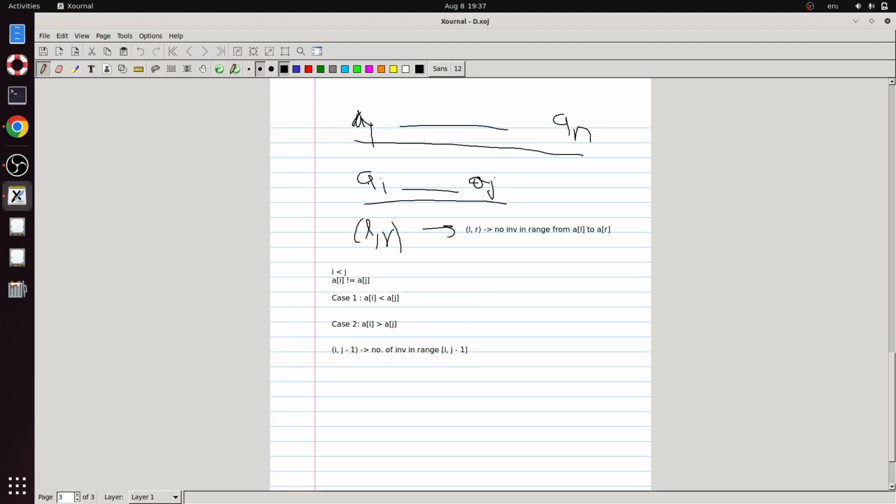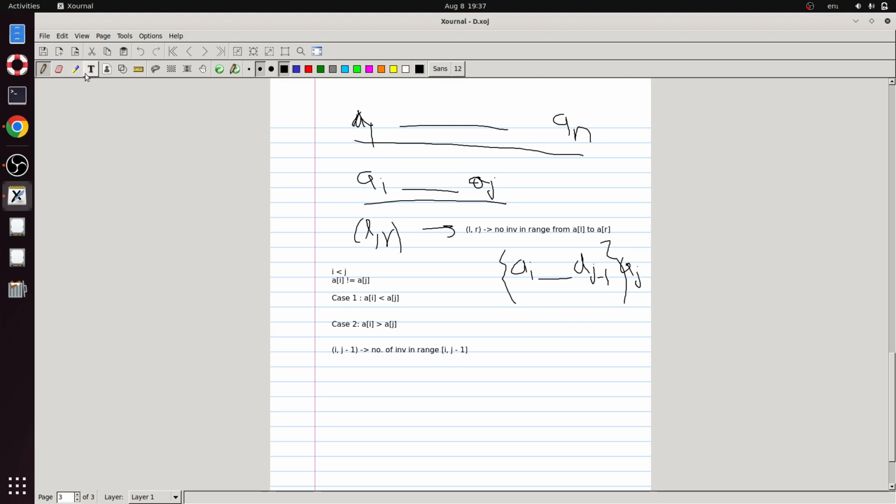So this is a of I and a of j minus 1, and over here we have a of j. The first query returns the number of inversions from a of I till a of j minus 1.